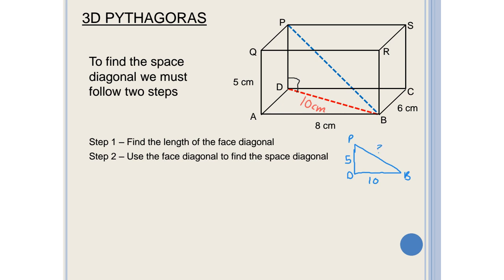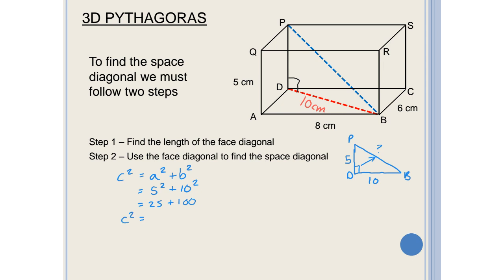I'm trying to find my longest side, so I'm going to use Pythagoras as normal. So I've got c squared equals a squared plus b squared. Notice that I always write out the theorem before I do any sort of substituting. So I'm going to have 5 squared plus 10 squared, which is 25 and 100.